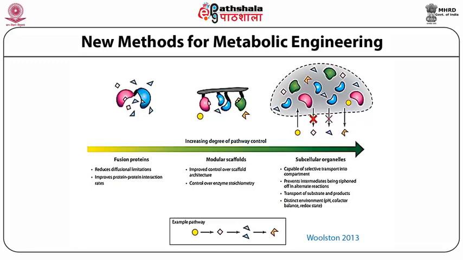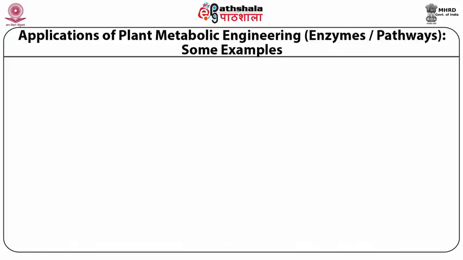And also the intermediates are prevented from escaping from the organelle so that they may not be used in other biosynthetic pathways. These are some of the new approaches which have been incorporated into metabolic engineering to improve the efficiency of metabolite production.